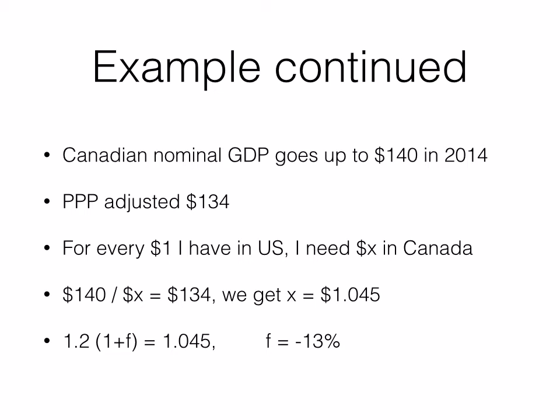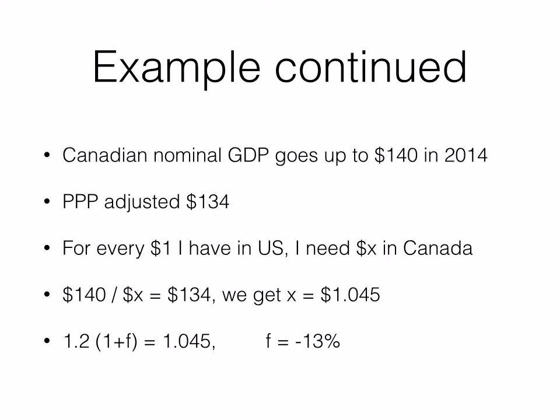If we take the US as the base country and adjust according to US prices, we get $134. Then what is the price difference in the US and Canada? For every dollar that I have in the US, how much do I need in Canada to buy the exact same thing?